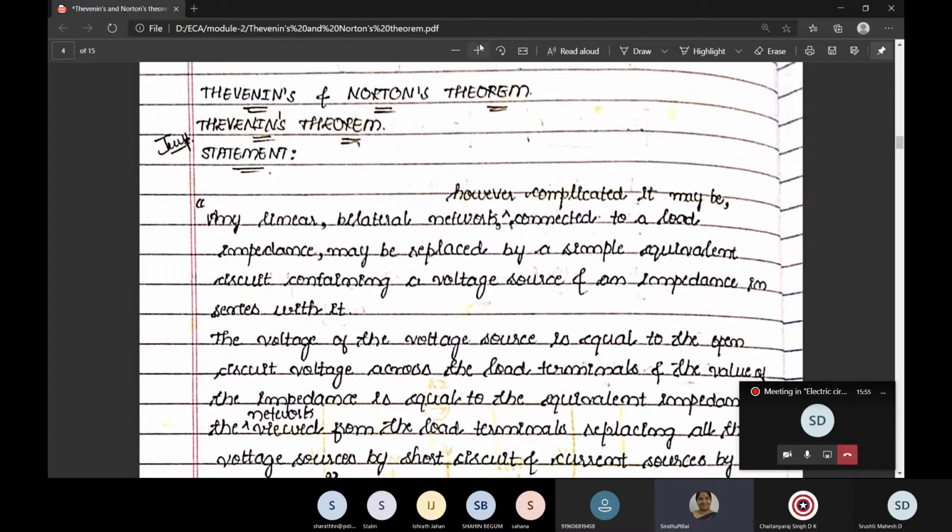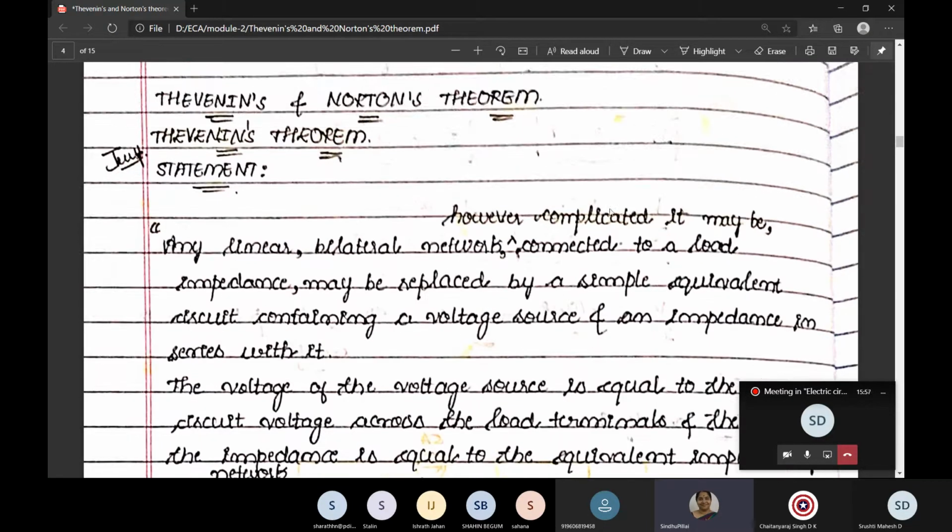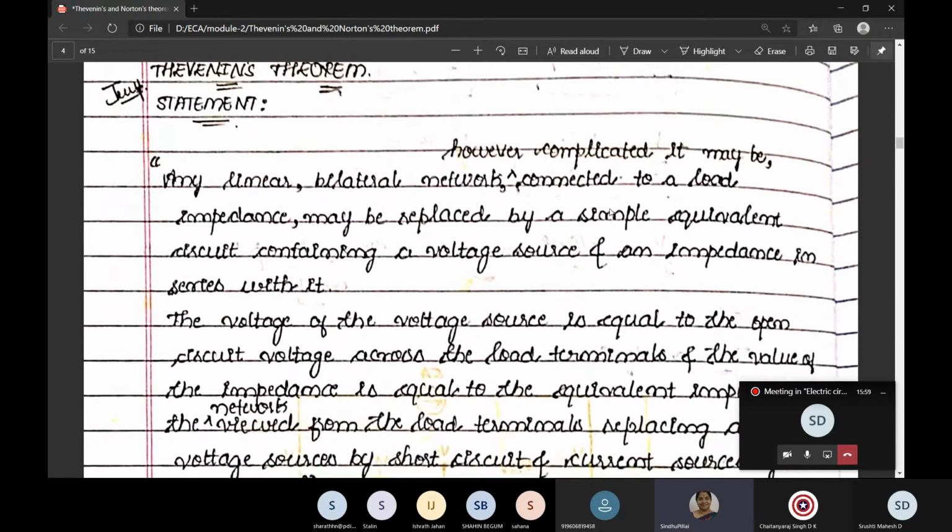So first we'll concentrate on what is Thevenin's and Norton's theorem. What is the statement of it? I will just read it once more. Any linear bilateral network, the network may be very complicated or very complex.